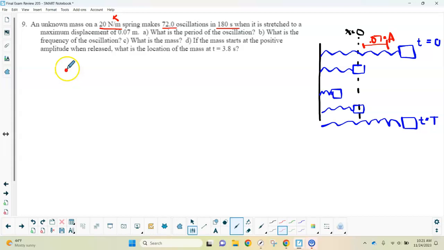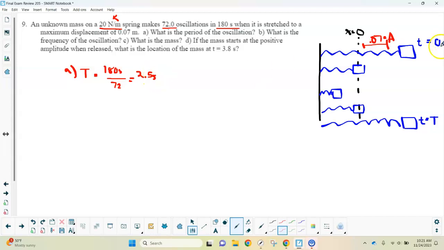So for part A, I want you to find the period of oscillation, which is T. So the period of oscillation is the time divided by the number of oscillations. So we had 180 seconds, and we're going to divide that by 72 oscillations. So for one oscillation, it should take you very close to 2.5 seconds.